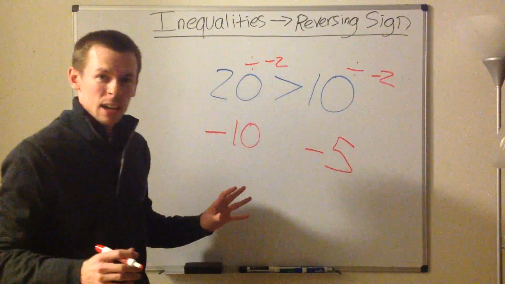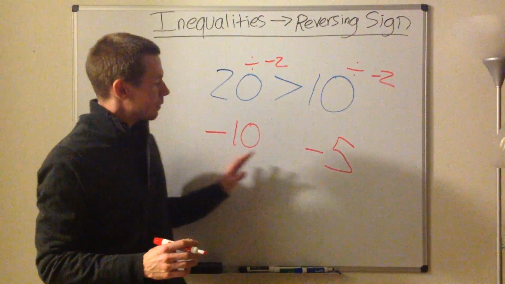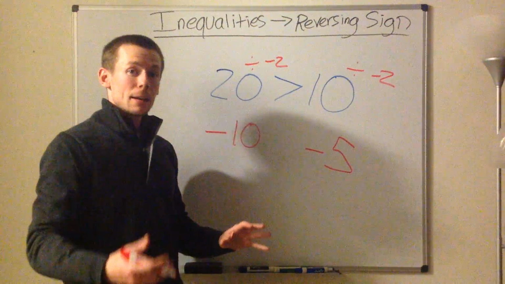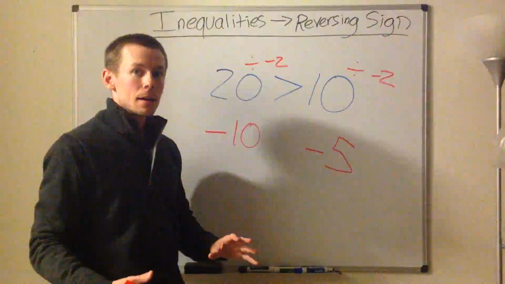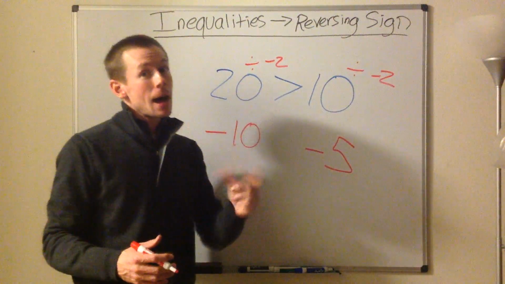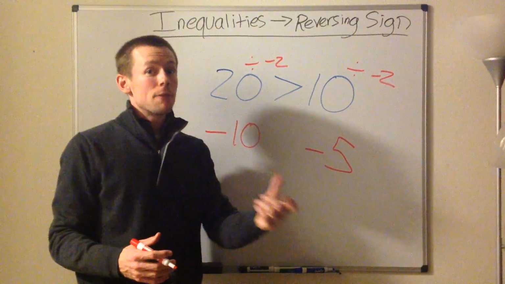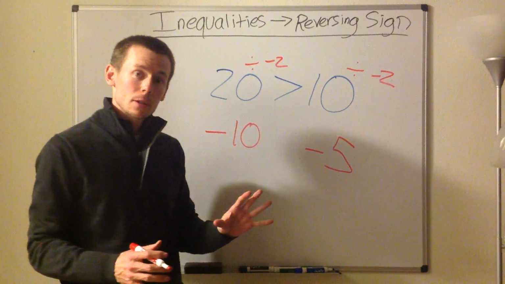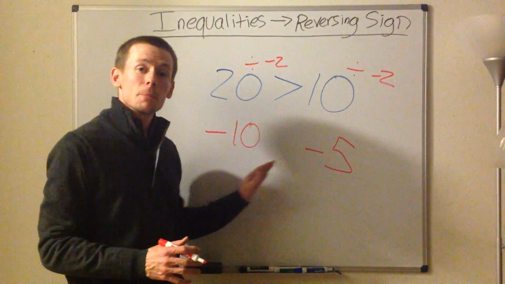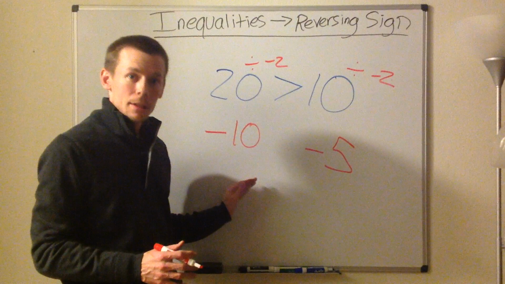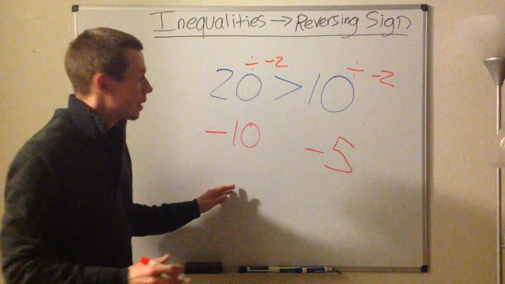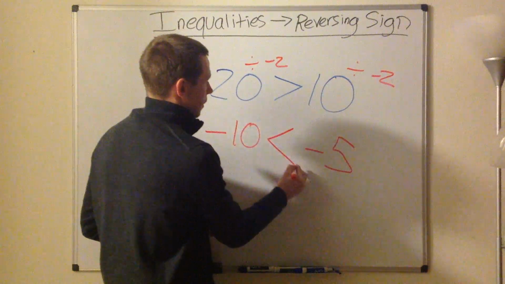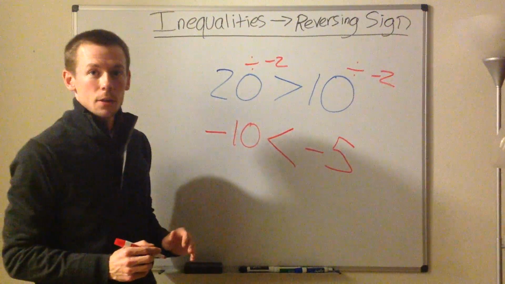And so again, you have to ask yourself, negative 10 versus negative 5, which one is bigger? Well, the negative 5 is actually bigger, even though in a positive comparison, 5 is less than 10, but when you're looking at negative numbers, negative 5 becomes bigger than negative 10, because negative 10 is further in debt. So instead of the sign facing this way, we have to reverse it and move it the other way.